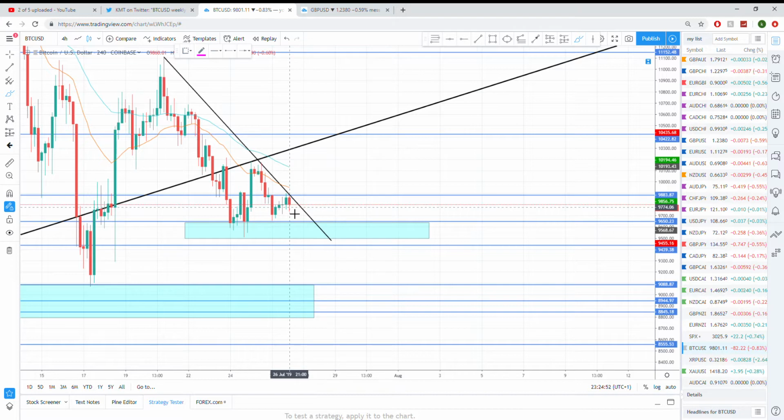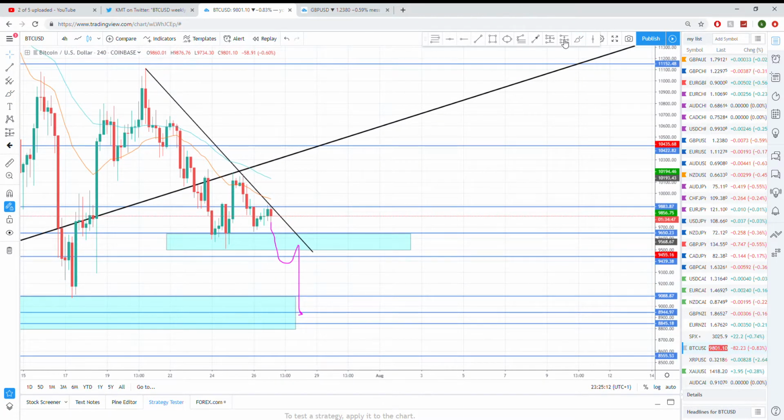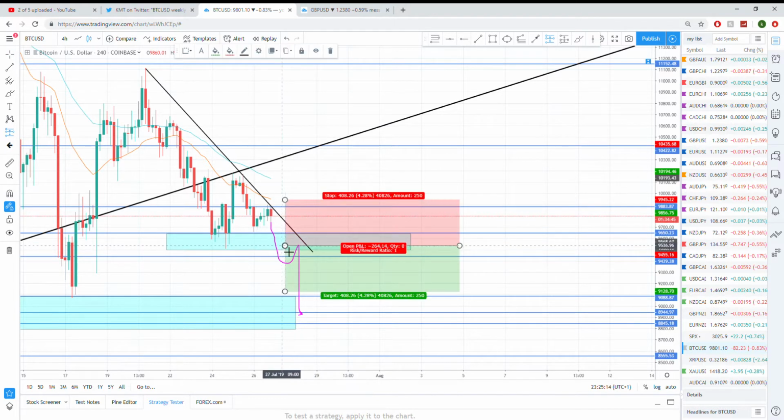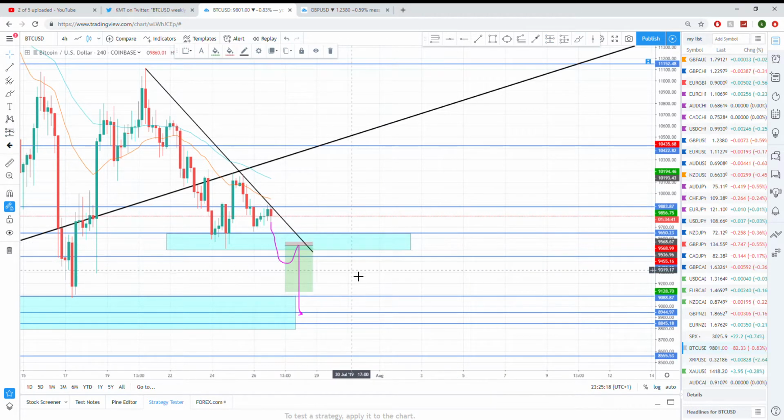So in terms of another option, I'll be looking for short entries, but if I could find something along these lines, a breakthrough to the bottom of this zone, and then a rejection on a retest, and then we'll see if we could go any lower than that. That would be a possible short scenario for Bitcoin here.